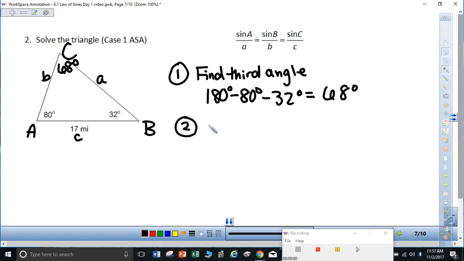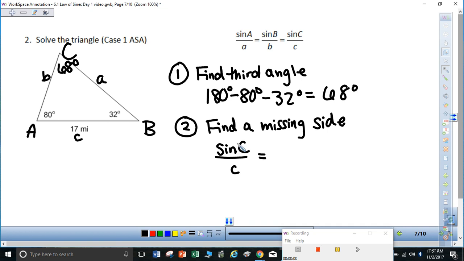Okay, next step, we're going to find one of the missing sides. It does not matter the order that we go in. This time, the full information that we're given is for C, so we know angle C and we know side C. So we're going to be using sine C over C as kind of our given ratio. Let's solve for side A next. So we'll go in and fill in the pieces that we know.